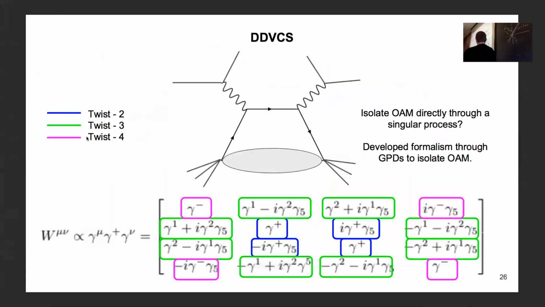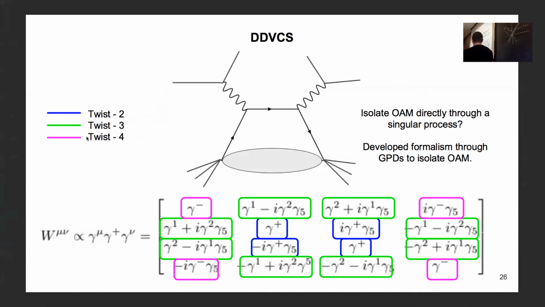So then, kind of wrapping up, what would be really interesting to look at would be the process double DVCS, because you have access to the full hadronic tensor. You don't have to look at just one process versus another process.